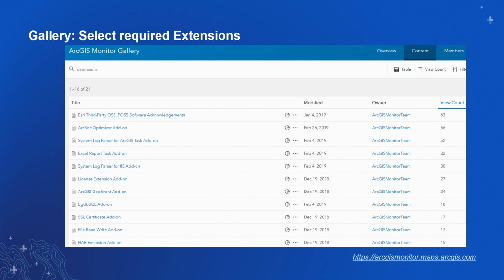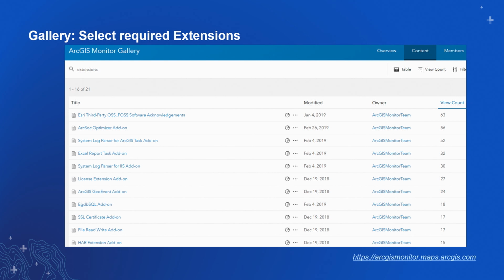These are specialized extensions. So for example, if you have a geodatabase for SQL Server or Oracle, then you would get this extension. You might have certificates. There are many extensions, like the ArcGIS Optimizer. How many of you are dealing with more than 100 services in ArcGIS Server?